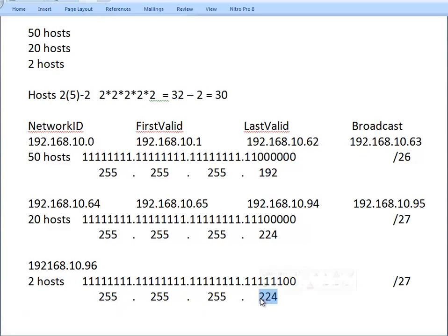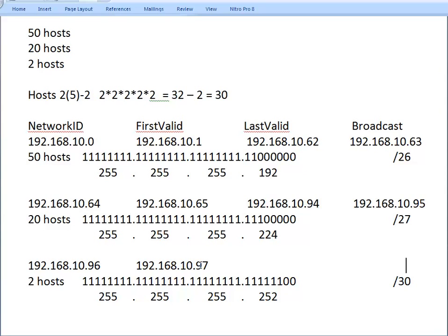This will change to 252, because when you add 128, plus 64, plus 32, plus 16, plus 8, plus 4, it equals 252. This you will say is /30. So the first network ID will be 192.168.10.96. The network ID plus 1 is the first valid address, which is 97.